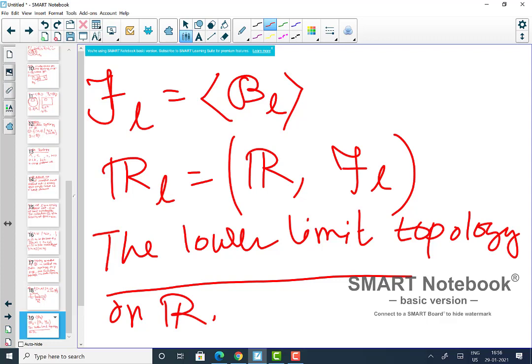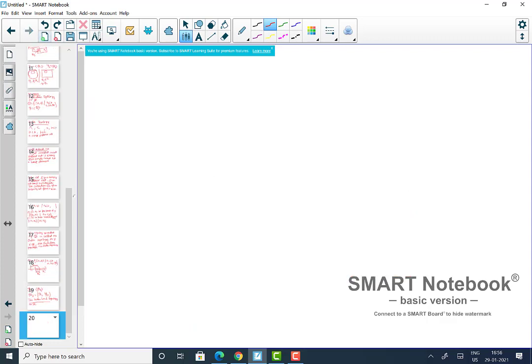There is one more topology I will define, and then we will compare these topologies. Before that, let me define another set. Let K be the collection of elements of the form 1 by n, such that n is a natural number.